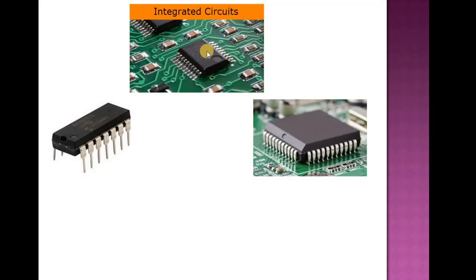In this silicon material we could club all these different components. This is the actual meaning of integration: we can take resistors, capacitors and other devices, club them and mount them on a single small surface, a silicon chip.